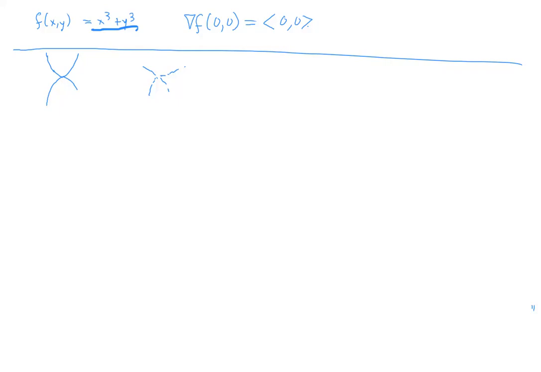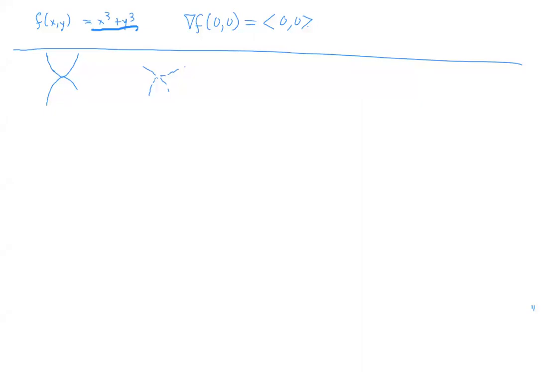The Pringle is an object, I'm sure we have all eaten Pringles. The Pringle is an object where you will have two directions, one that gives you a maximum, another that gives you a minimum. And at the end of the day, there is no extremum at that point.